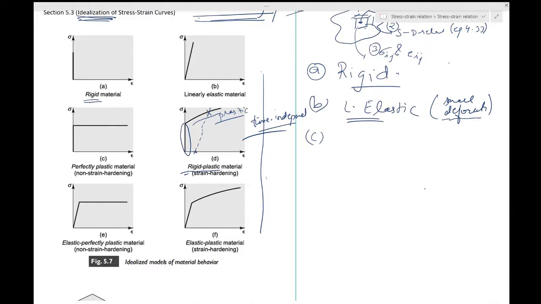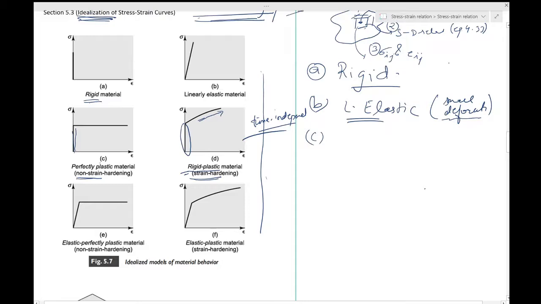Okay, so you see there is a rigid perfectly plastic material, so this is non-strain hardening and this is strain hardening. So we had discussed strain hardening. Strain hardening was the case where, to cause more plastic deformation, you must keep on increasing the stress. There is another possibility of a rigid plastic material, or so-called perfectly plastic material.